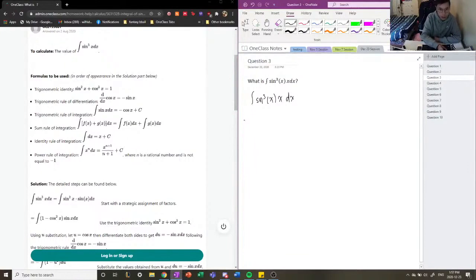We're going to break sine cubed up into sine squared times sine x. Sorry, it's just sine cubed of x. We're finding the integral of sine cubed of x, not sine cubed of x times x.